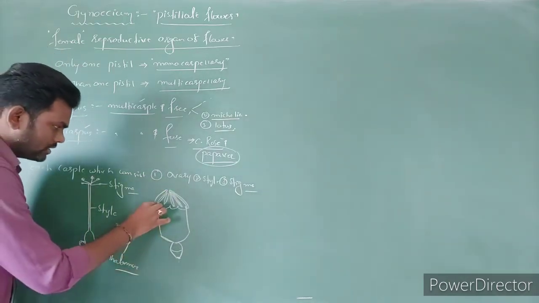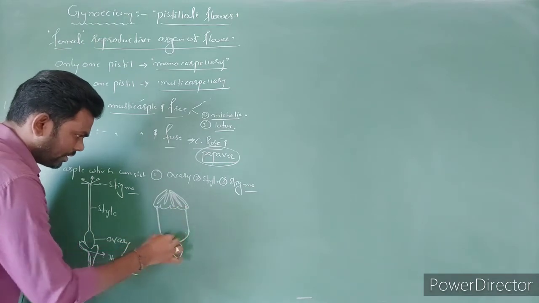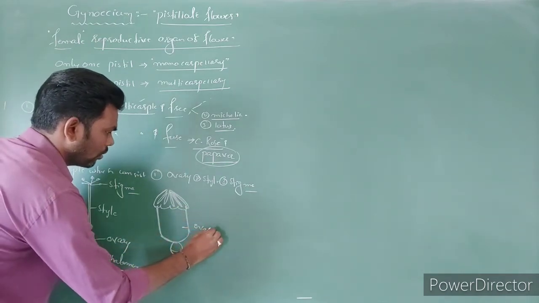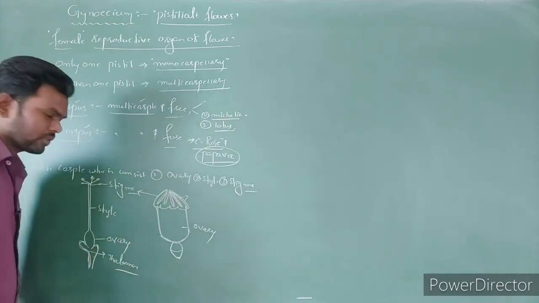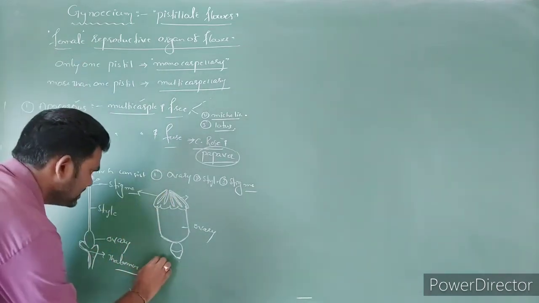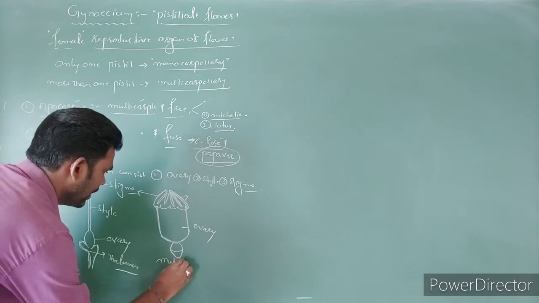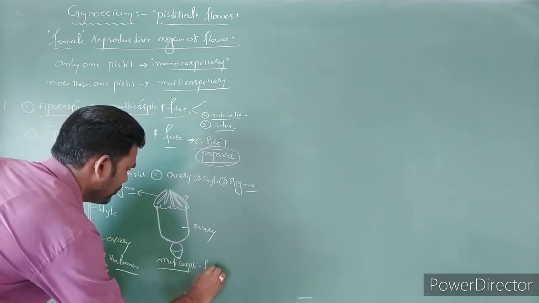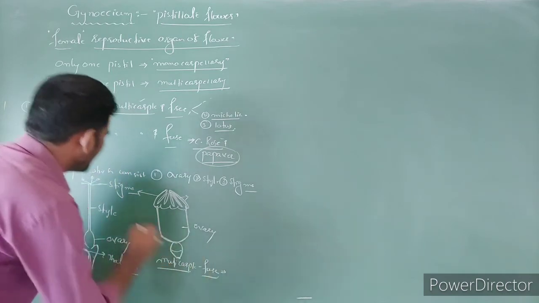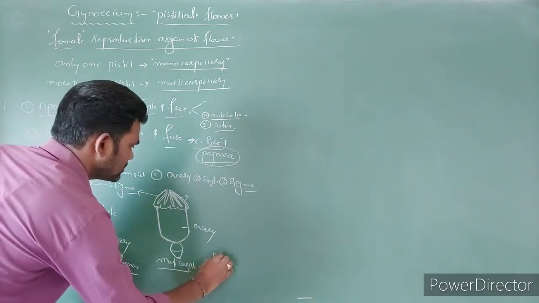And this is actually what? This is the ovary, and these are the stigma. The example is multicarpellary. Here multicarpels are present. These multicarpels are fused, so we call it syncarpus. The example is papaver.